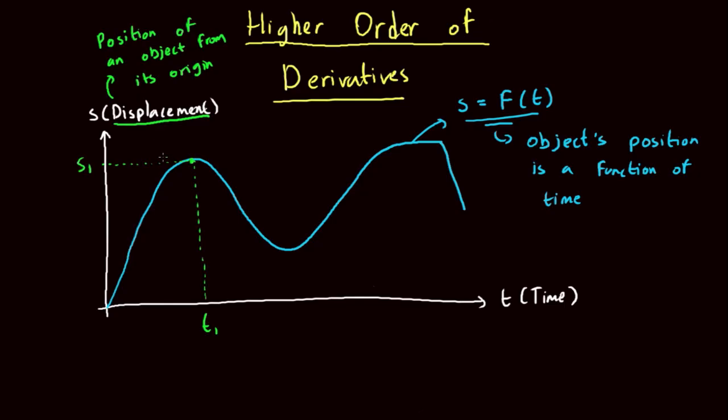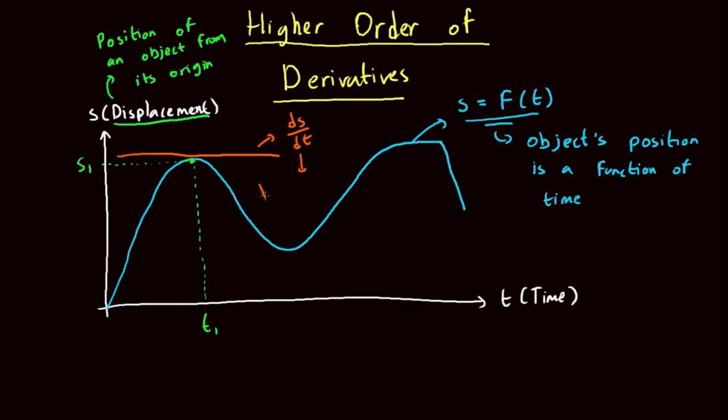If I take a point right here and draw a tangent line, this is what we call our first derivative, ds over dt, the first order derivative in this case. It's a line that's tangential to the curve itself.